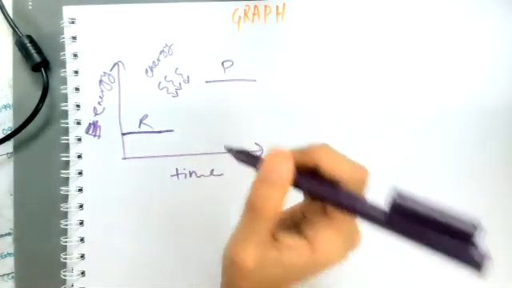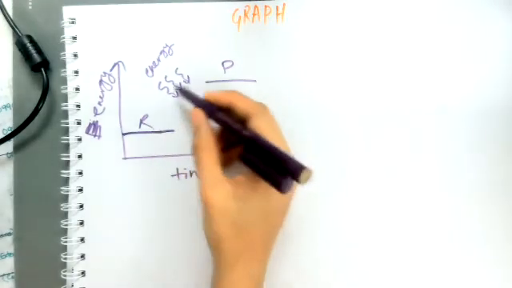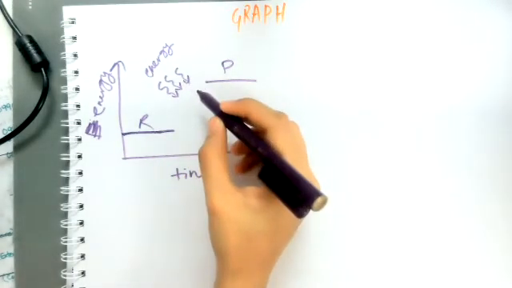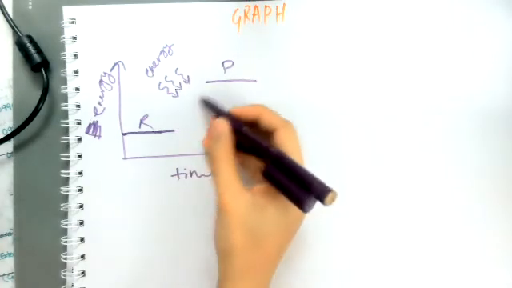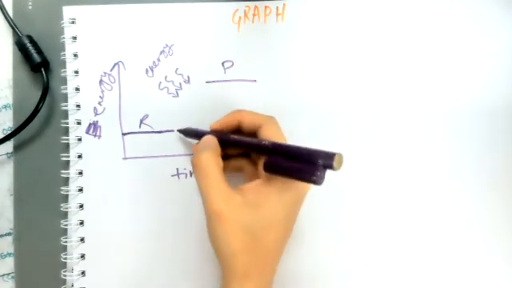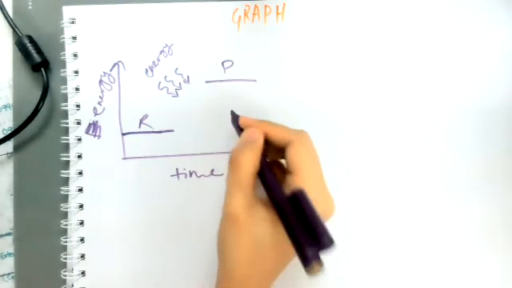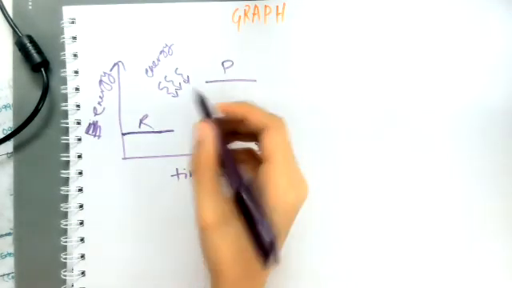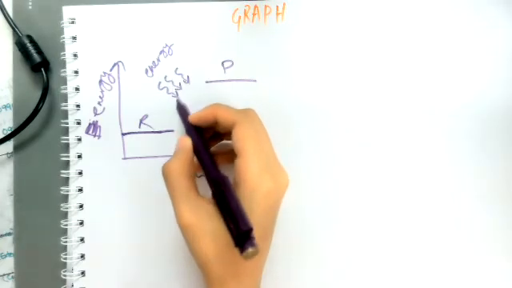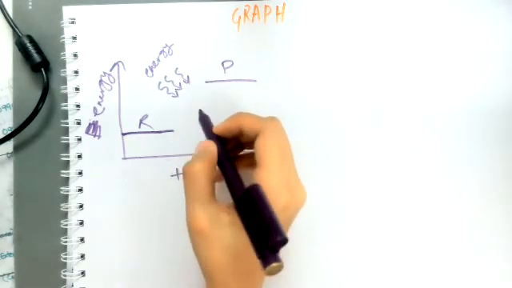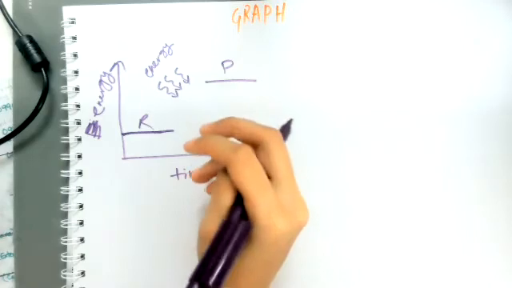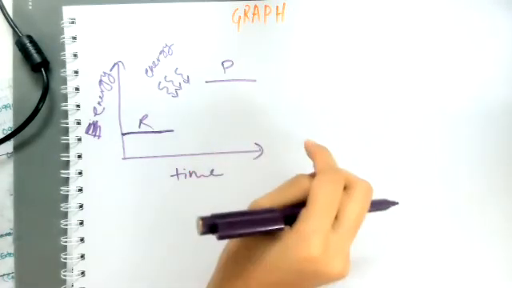The energy given in is greater, but I can't make a straight line up from the reactant to the product, because if you remember, there was energy released, but it was less compared to the energy given in. So this is very important: you have to compare the energy given in with the energy given out.